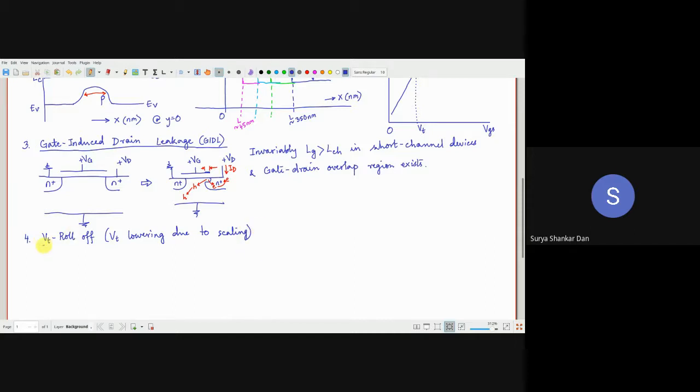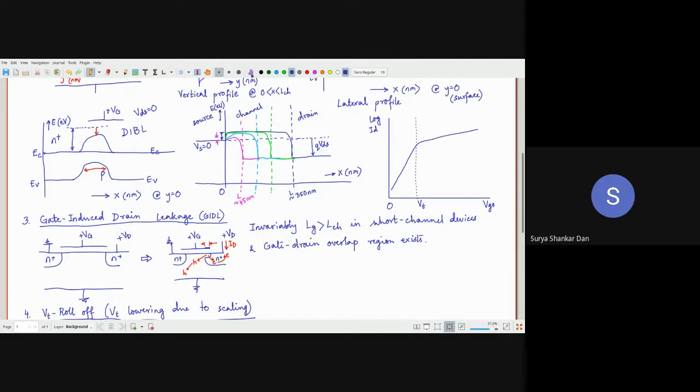So what is the VT roll off? This entire characteristics will be shifting slowly towards the left side. Okay.